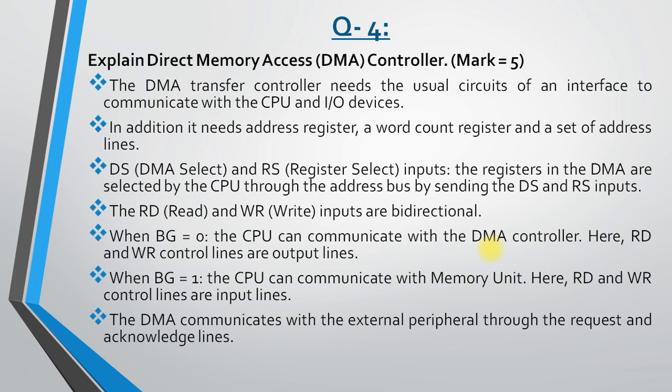DS stands for DMA select, RS stands for register select. Now the DMA select and register select are the registers in the DMA, which are selected by the CPU through the address bus by sending the DMA select and RS inputs.